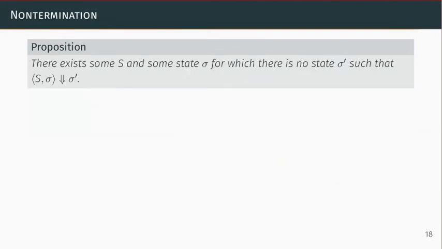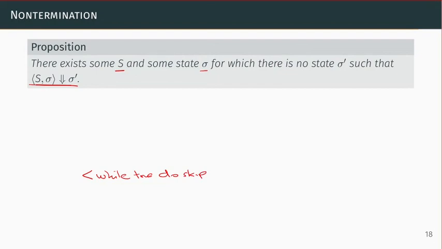Another important thing with the semantics is that we cannot always find a final state. That is, there are some statements and some initial state such that we cannot find a derivation such as this one. An example of this is the statement while true do skip.